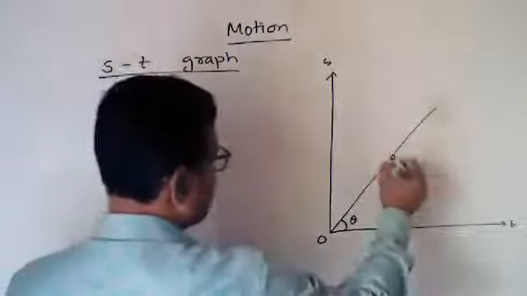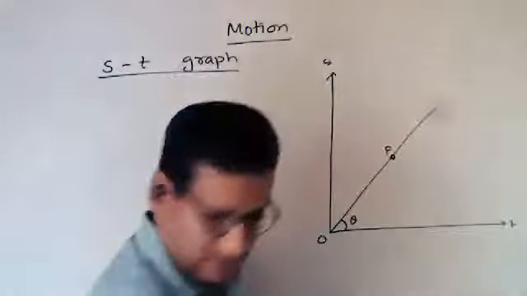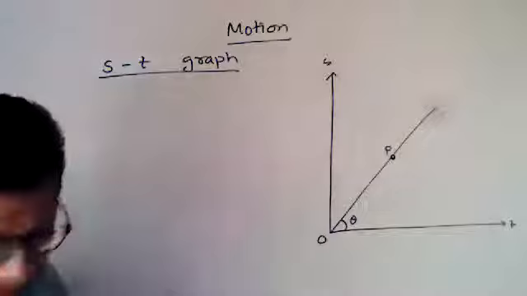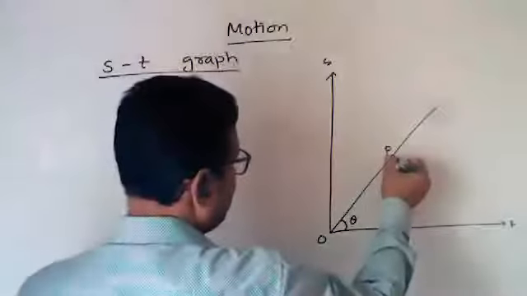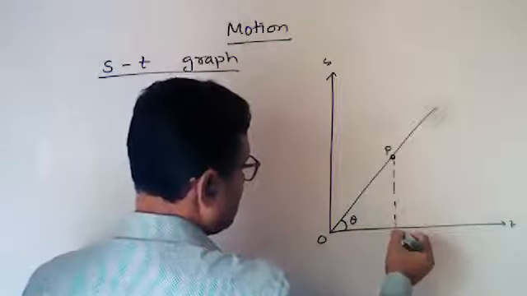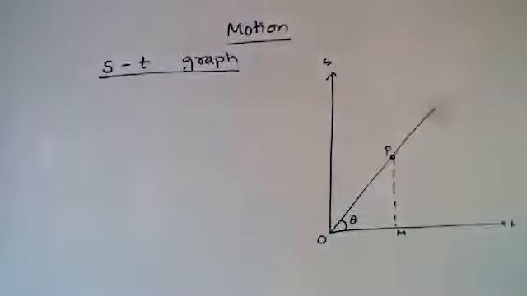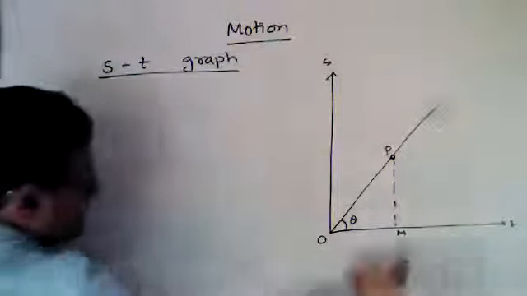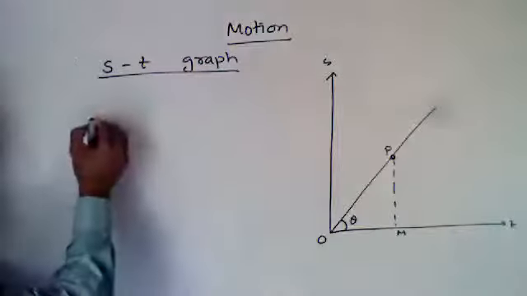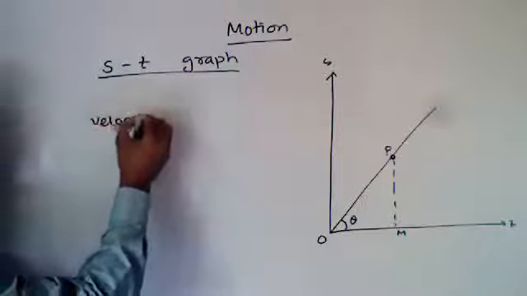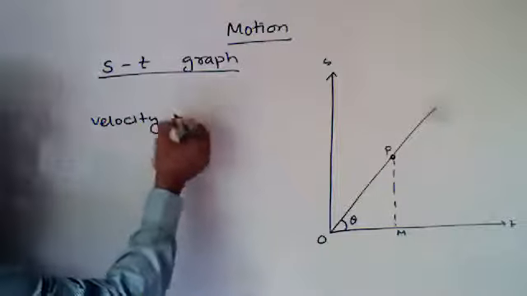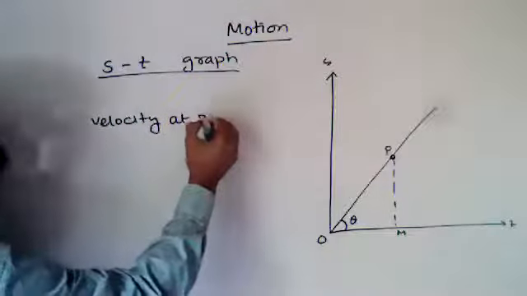Suppose you have to determine the velocity at this point P. From this graph we can determine the velocity at point P.